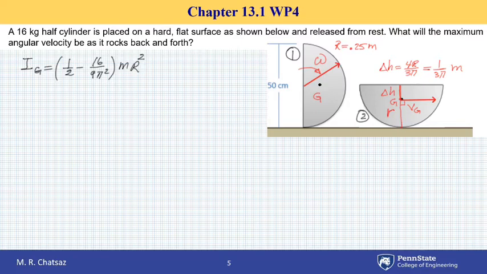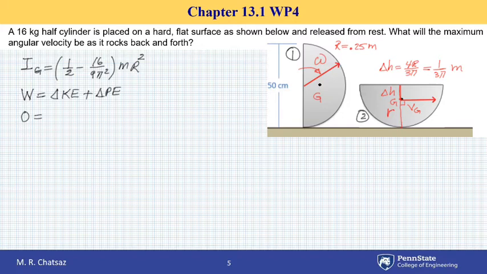So as far as finding the angular velocity omega is concerned, I can use again the work-energy principle, which says work equals the change in total kinetic energy delta KE plus the change in potential energy delta PE. Observe that since there is no external force applied to this object, work is 0, and because I have plane motion, I have both an angular speed omega and a linear speed v.